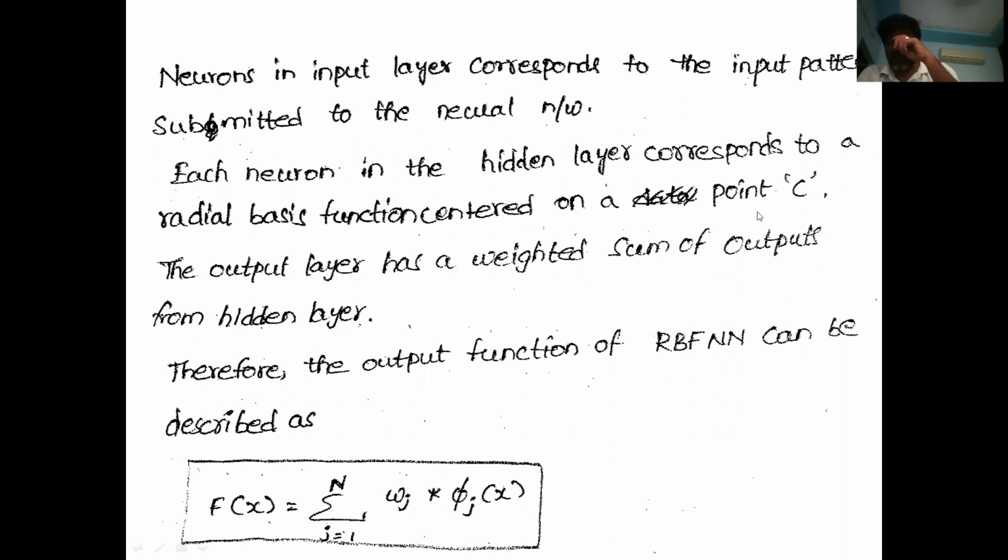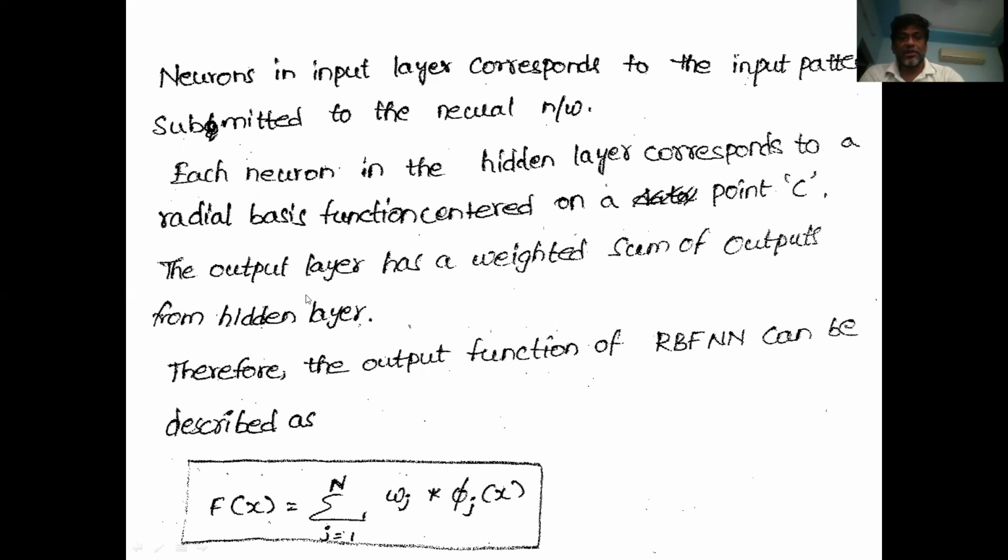There are some algorithms used for the calculation of centers, or else you can use some random centers also, just like we did in our previous example, the XOR problem. The number of radial basis functions required depends on the number of hidden neurons used in the hidden layer, because every hidden neuron makes use of a different center.